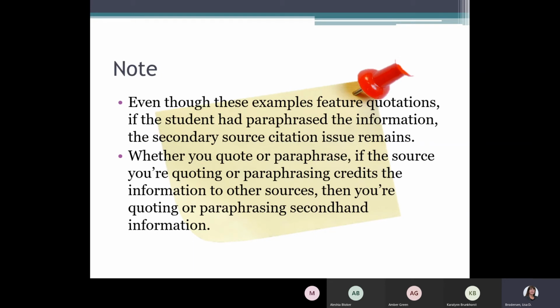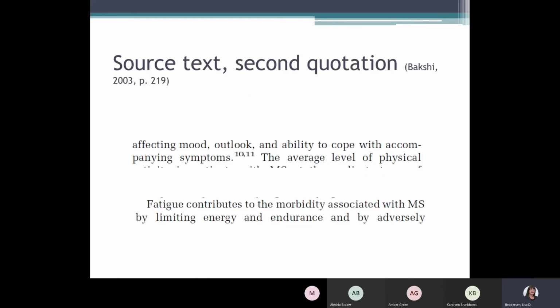So keep that in mind. Whether you quote or paraphrase, if the source you're quoting or paraphrasing credits the information to other sources, then you're quoting or paraphrasing secondhand information, and secondary source citation is required. Or better yet, you should go get the primary sources and get the information from them yourself.